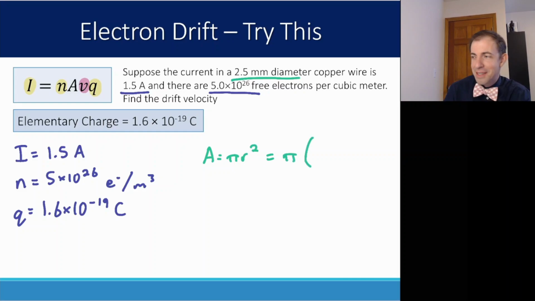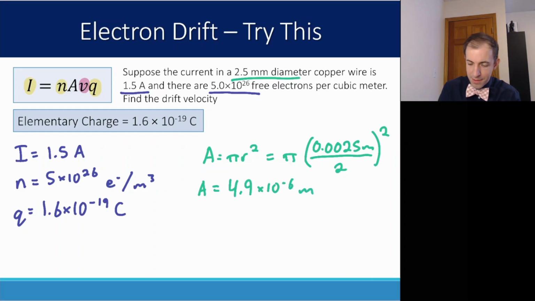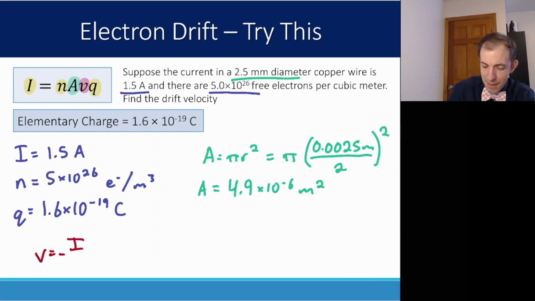So we can take pi times the diameter of the wire, but we're going to want this in meters, so we're going to convert it to meters, 0.0025 meters, and then divide that diameter by 2 to get the radius, and then square it, we will end up with an area that is equal to 4.9 times 10 to the negative 6th meters squared. All right, so now we have the area as well, and all that's left for us to do is to solve for v. v is I divided by nAq.